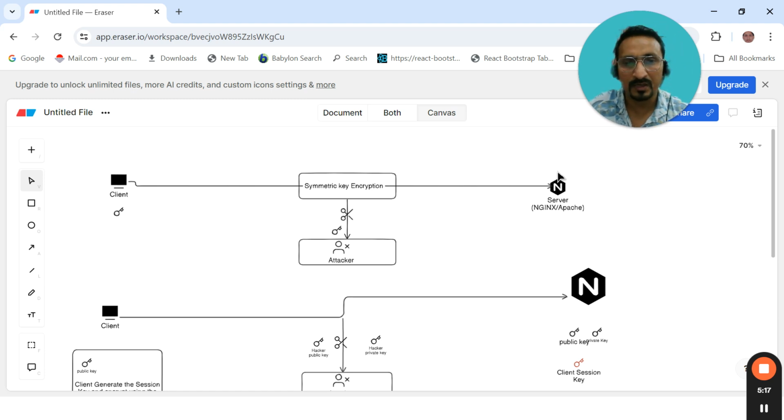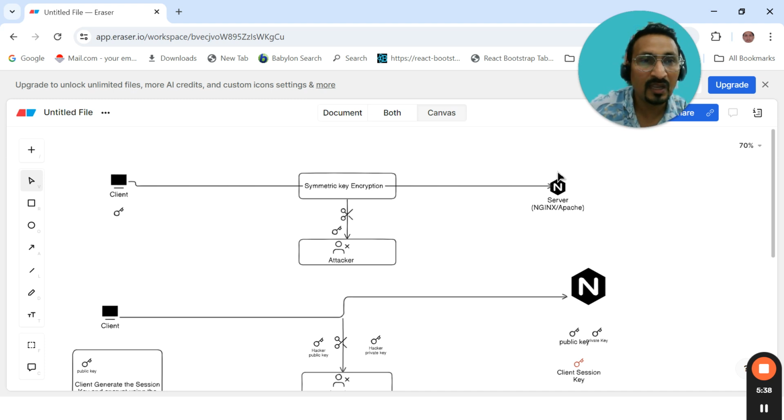Now a simple scenario: when you send a plain text message, let's say you try to log in to some page and you enter your credentials, username and password. If your data is not encrypted, the data will be sent in plain text.